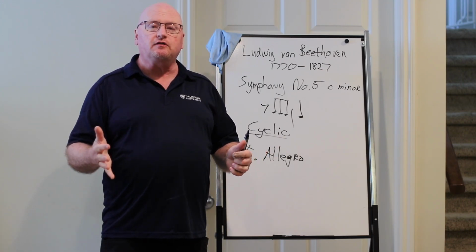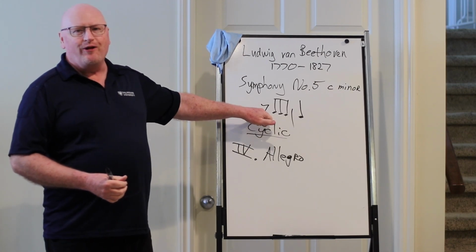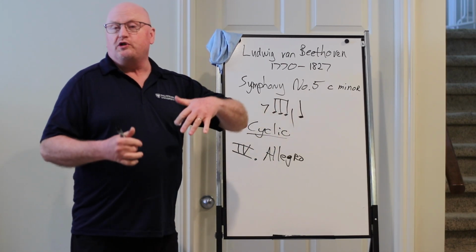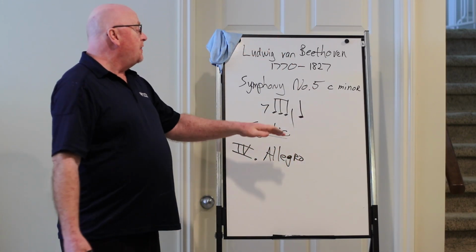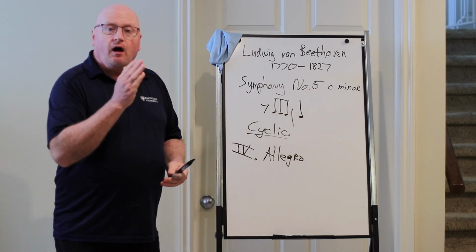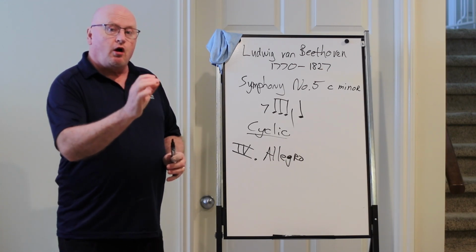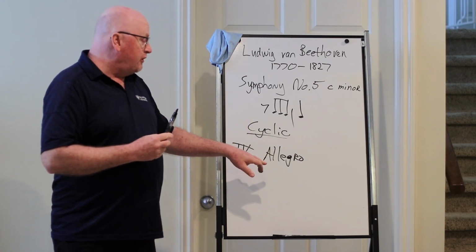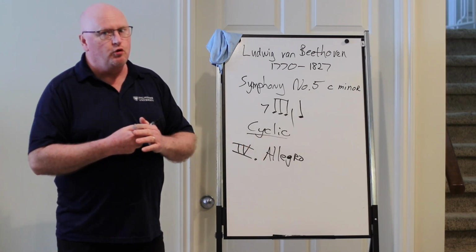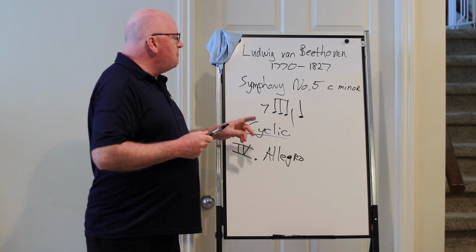The timpanist plays this rhythmic motive, which, remember, we were talking about motive as being sort of like a word. This rhythmic motive will go short, short, short, long, short, short, short, long, and bring us into the fourth movement. So it serves as the transition.